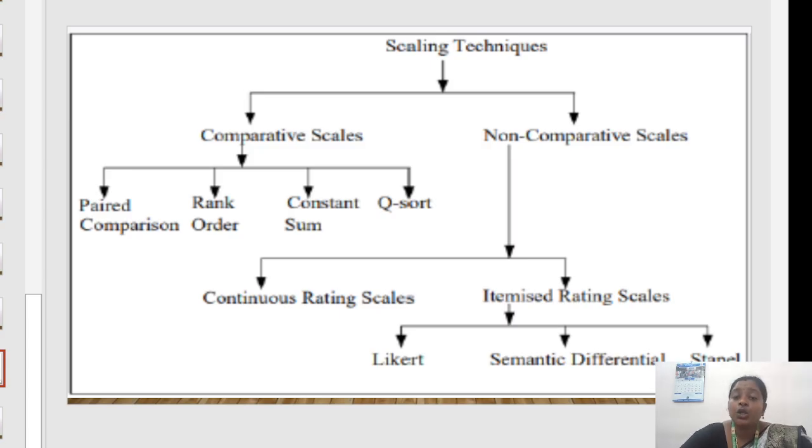The next is cumulative scale. The cumulative scale is commonly referred to as the Guttman scale. This is based on the principle that items can be arranged in increasing order of intensity or difficulty. Agreement with a higher order statement implies agreement with all the lower order statements.